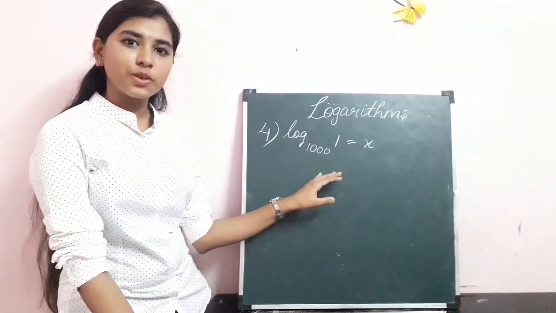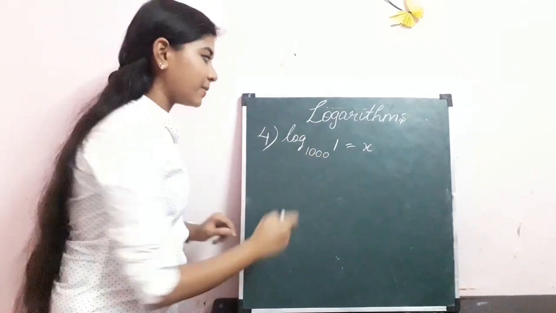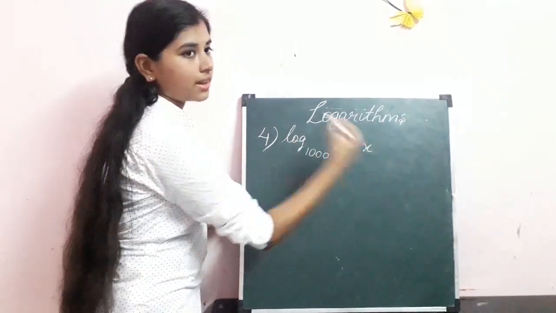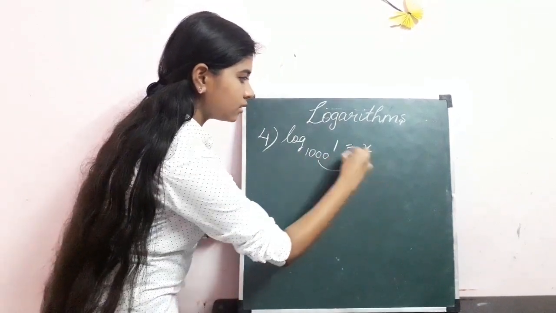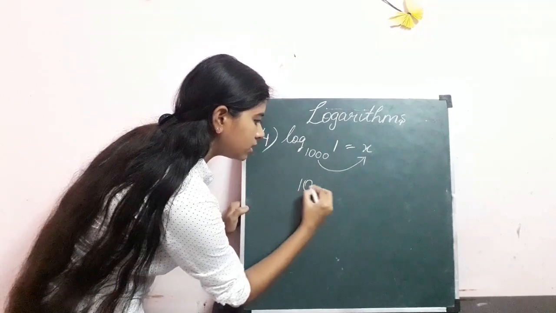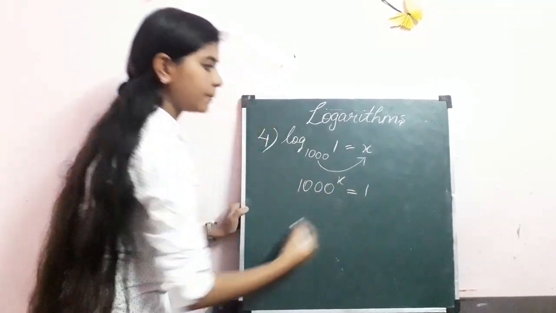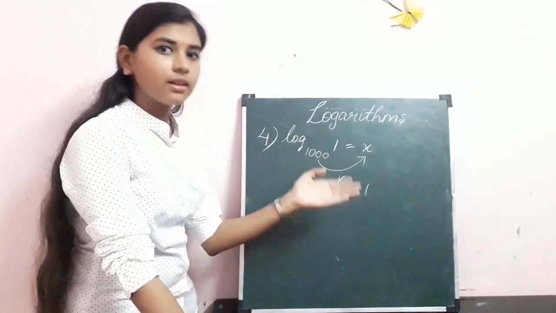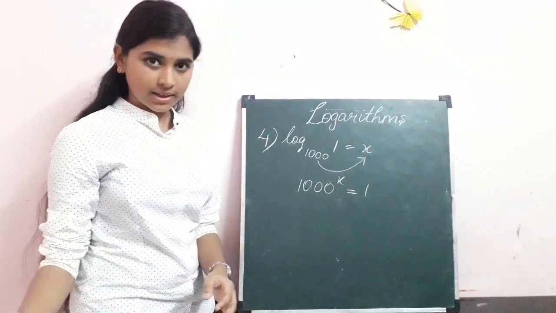Guys, now look at this problem. Any guesses? Okay. Log of 1 to the base 1000 equals x. As we did above, we have to equate this thing to 1. That is 1000 raised to the power x equals 1. 1000 power something gives you 1, which means anything power 0 gives you 1, right?